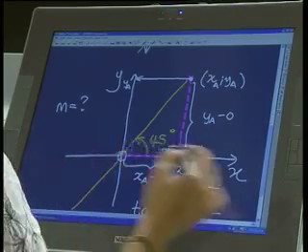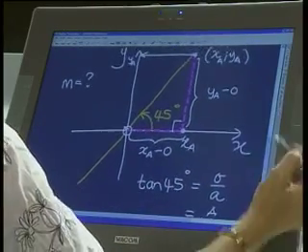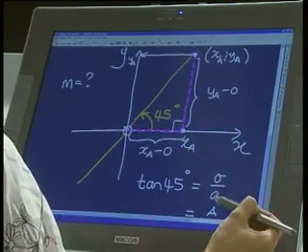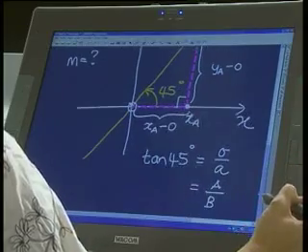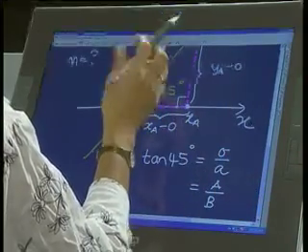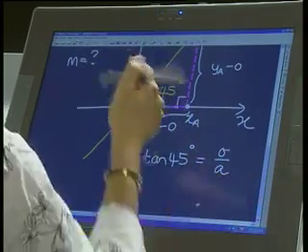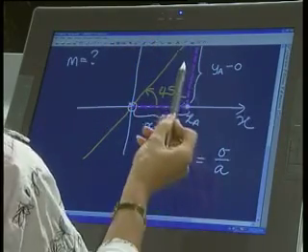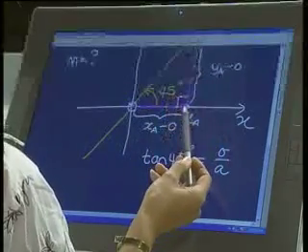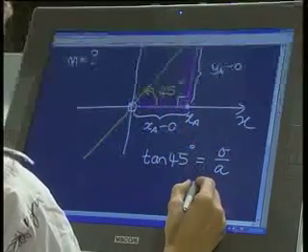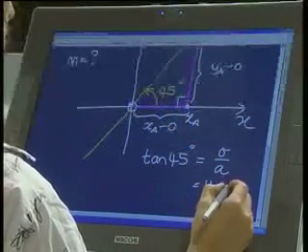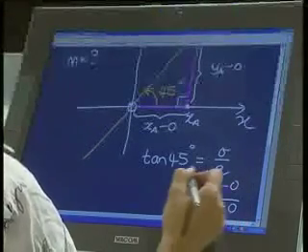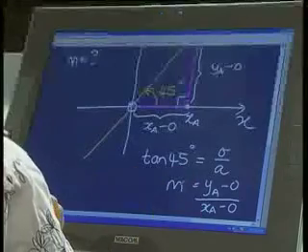If we put all that together, we've got this over that, our opposite over adjacent, and we now have a consolidation: in this triangle, opposite over adjacent is y of A minus 0 over x of A minus 0. This formula is actually the gradient.